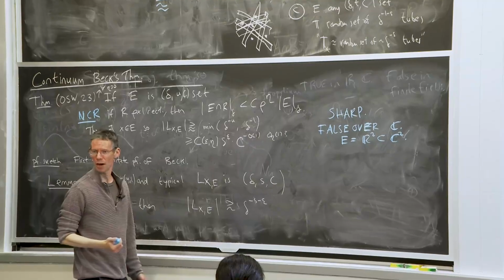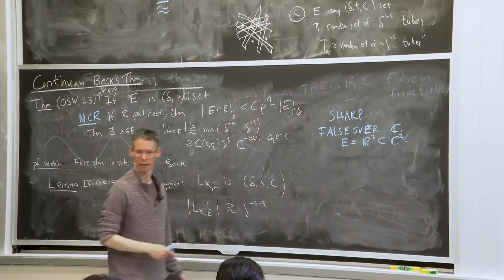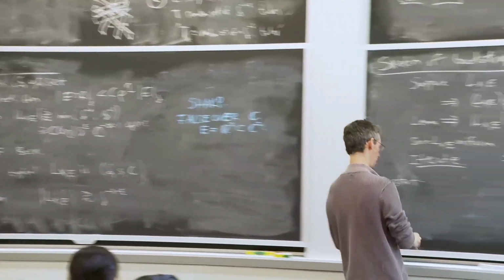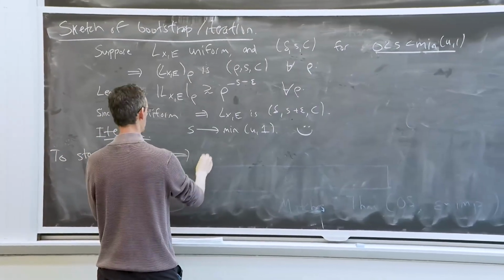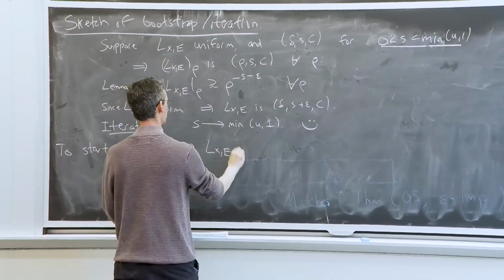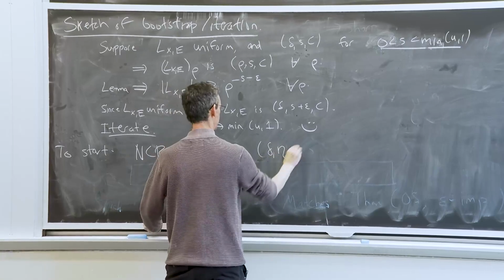We haven't mentioned that hypothesis yet. We use it here to get started. So to start with, non-concentration in rectangles easily implies that LXE is a delta eta C set.